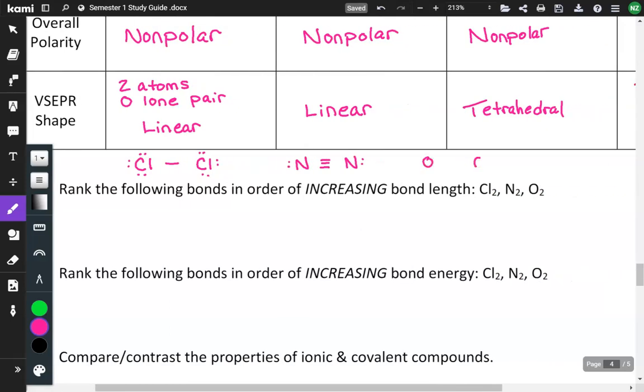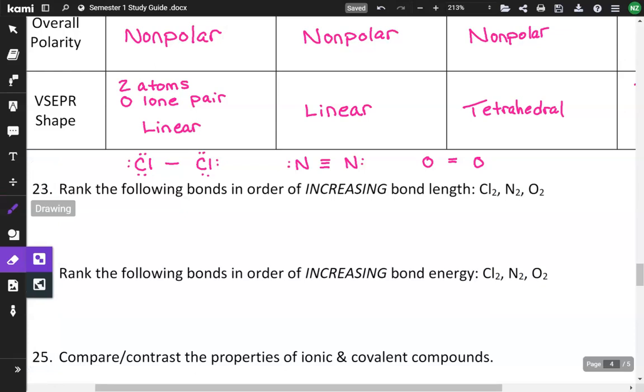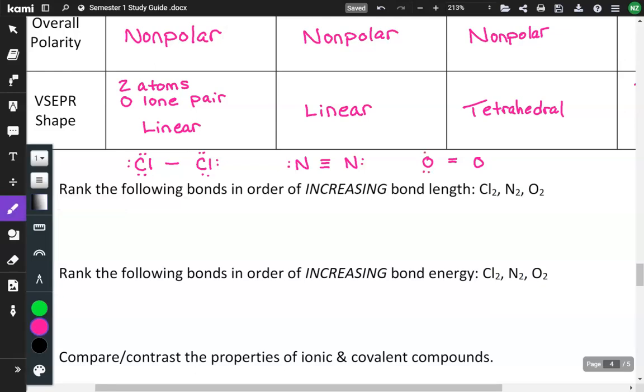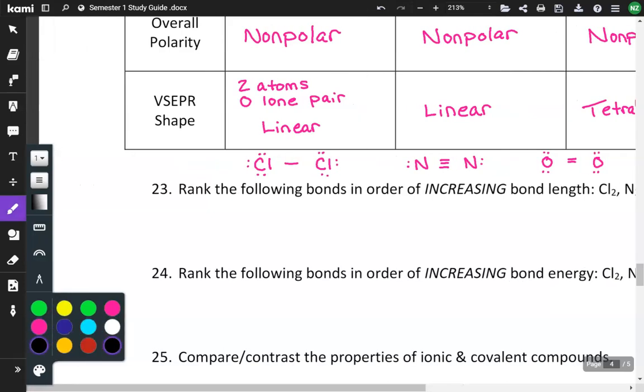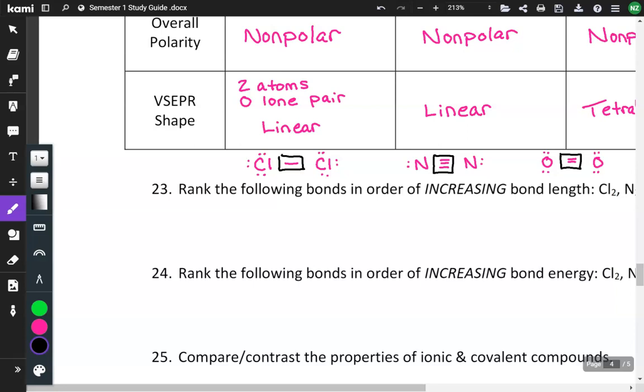O2 looks like this. I want to look right here. We have a single bond, we have a triple bond, and we have a double bond.